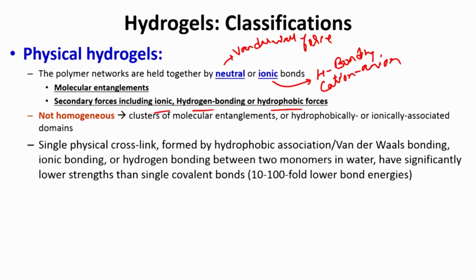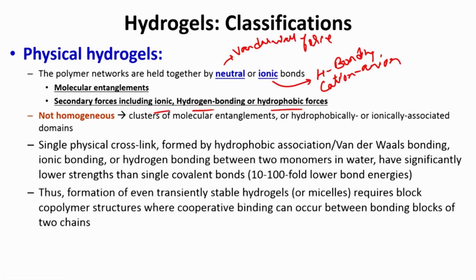The strength for these physical interactions lies in the numbers. For each one covalent bond, there might be almost hundreds and thousands of small interactions happening. Just keep in mind that their individual bond strengths are fairly low, whereas in covalent bonds it is fairly high.